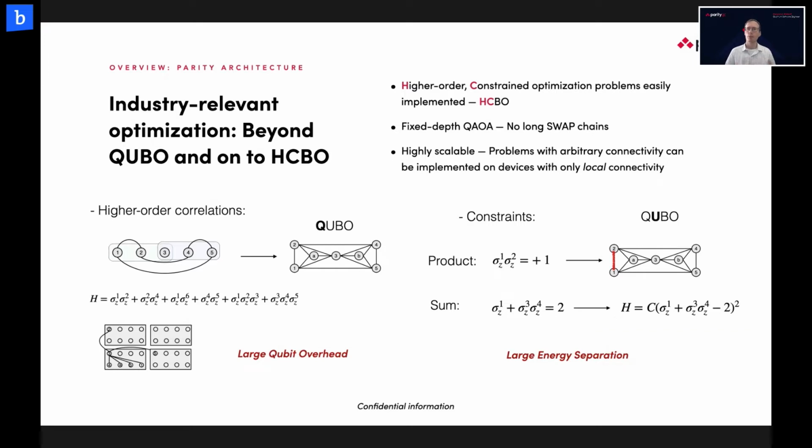One of the most common ways to encode problems is this formalism called QUBO, which stands for quadratic unconstrained binary optimization. So what you do in this case is your Hamiltonian is generically some polynomial in a whole bunch of logical variables.